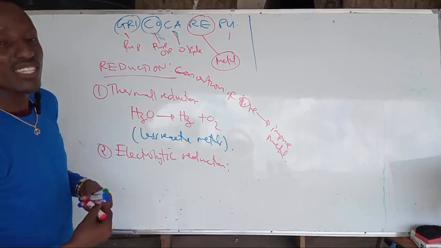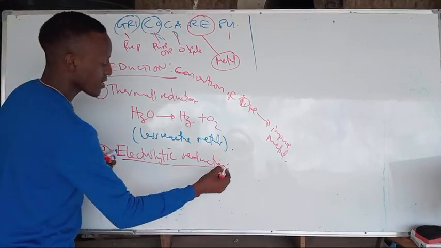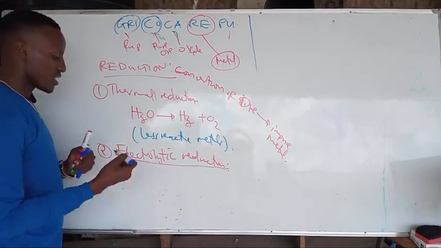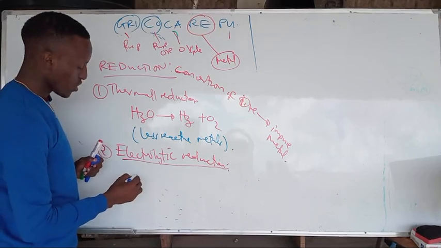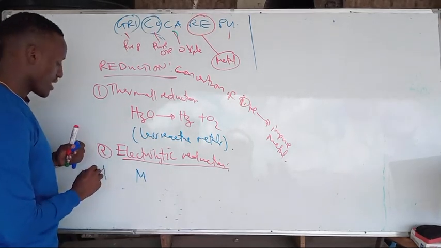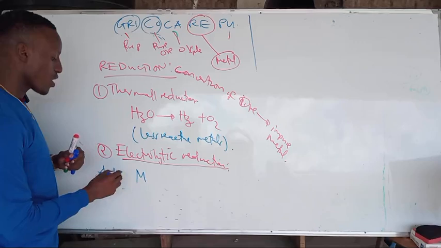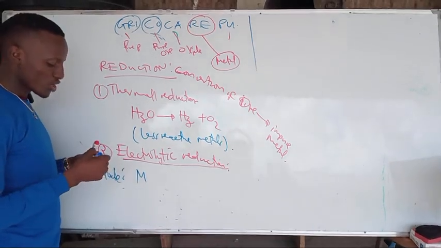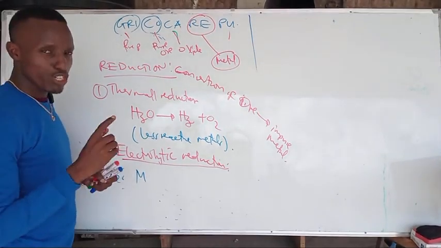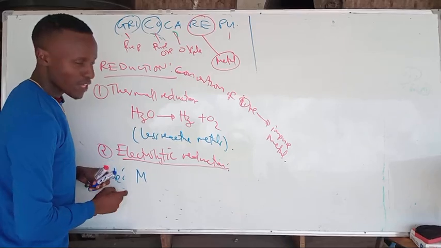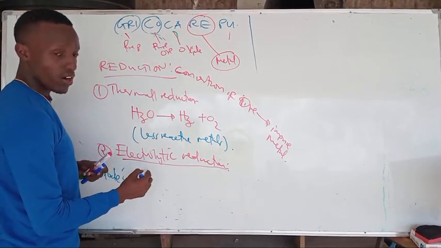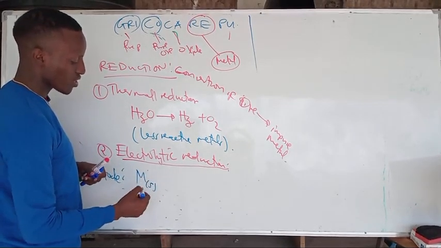Now it can dissociate. So we take the impure metal and put it into the anode. This is the metallic ore, this is the solid now.